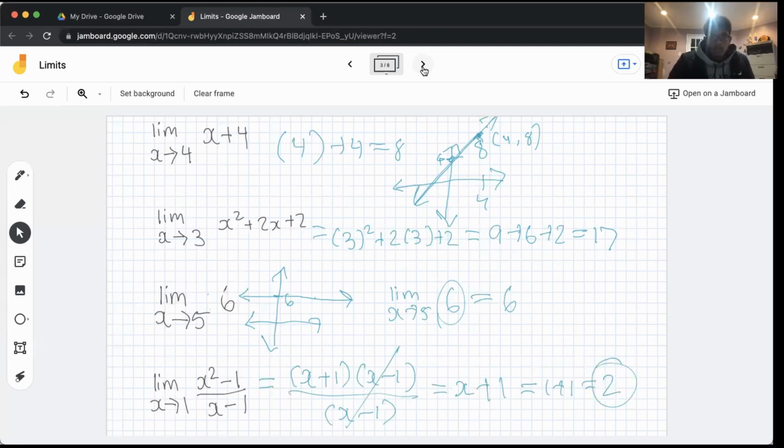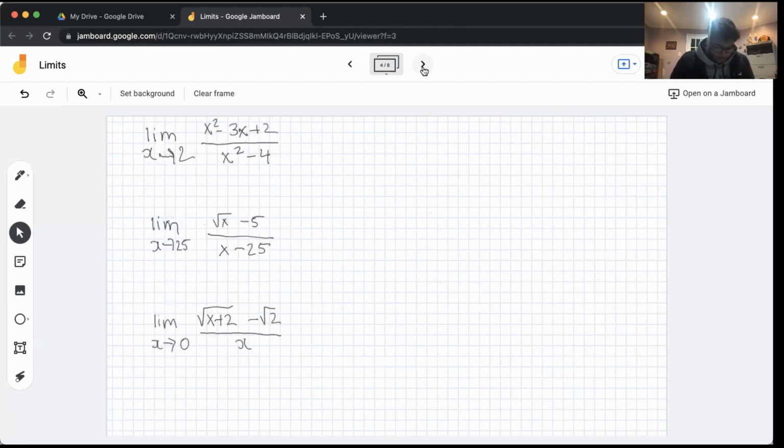All right, let's practice some more. For this next one, limit as x approaches 2 of the function x squared minus 3x plus 2 over x squared minus 4. Same thing here. You can't put 2 in the denominator, otherwise you'll get a denominator of 0, which means the function will be undefined. So we're going to factor this out.